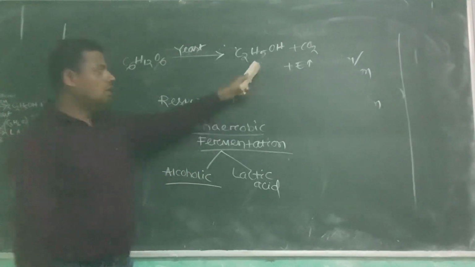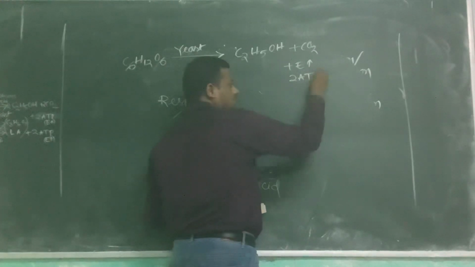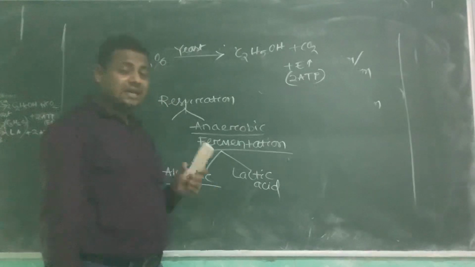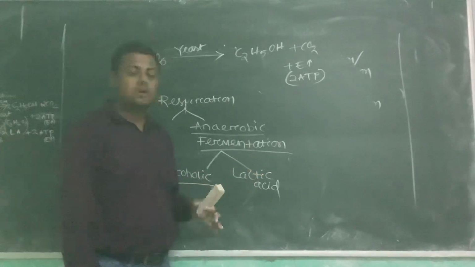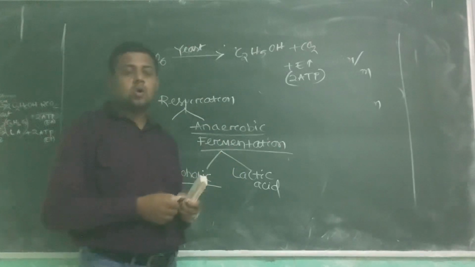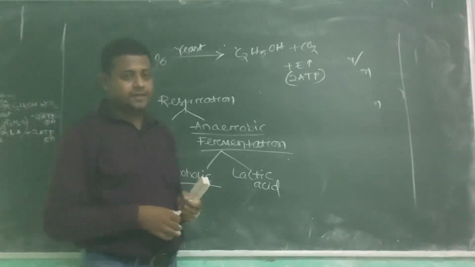The energy is about 2 ATP molecules. ATP is adenosine triphosphate. The energy produced inside the cell is stored in the mitochondria of the cell in the form of ATP.